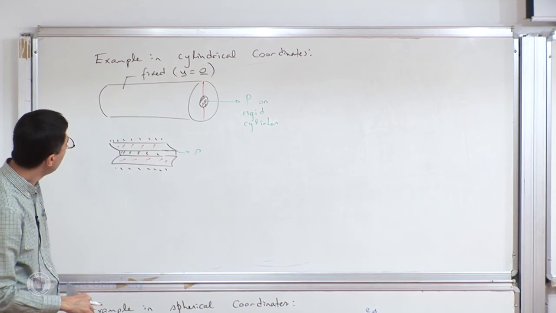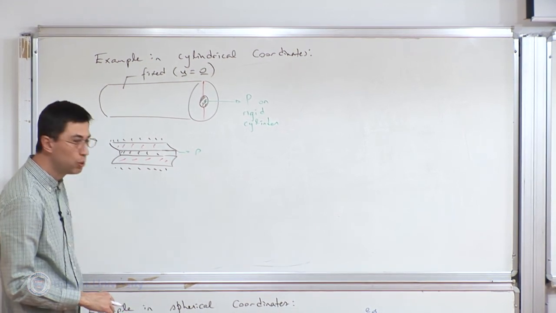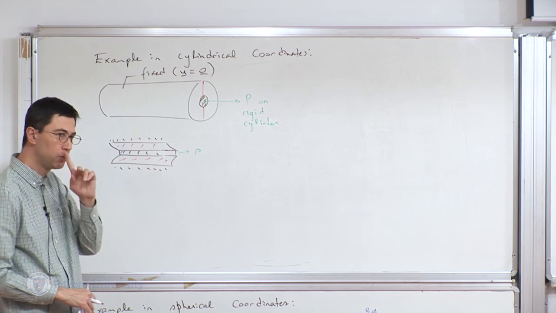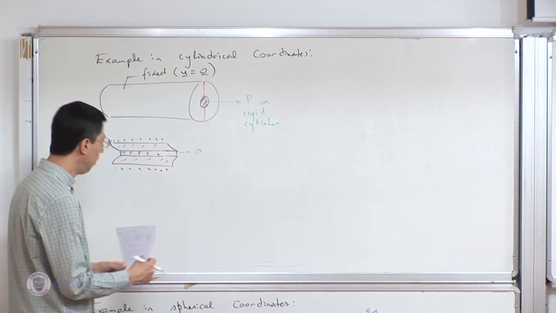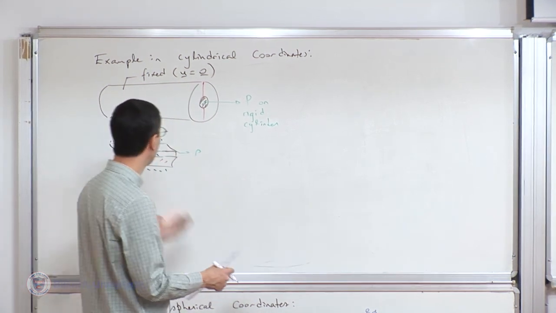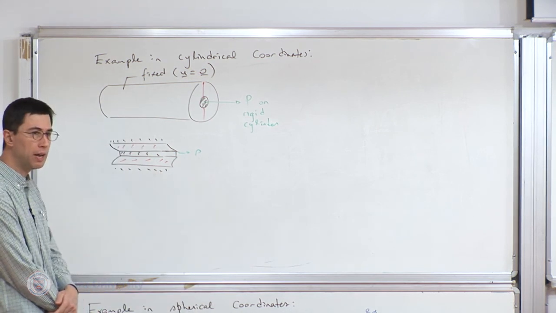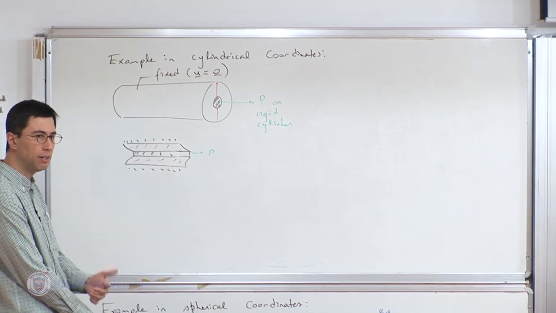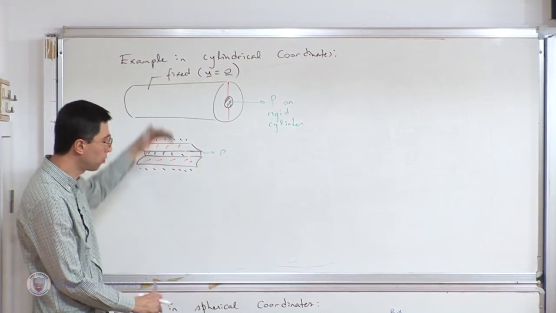By the way, which component of U is for sure zero in this problem? Let me pick coordinates. Actually, the coordinates are rather clear. There's the radial, tangential, r, theta, and the axial one is going to be the third direction.